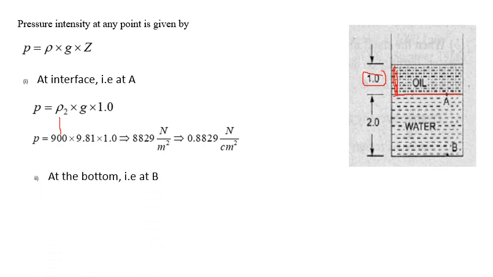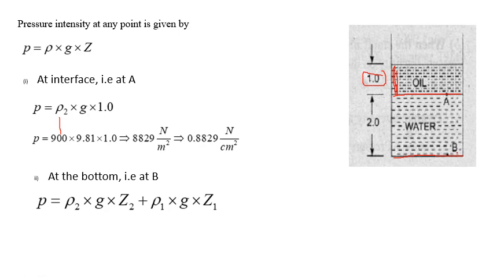So now what is the pressure at the bottom of the tank? In the second case I want to find out the pressure available at the bottom of the tank, at point B. Now the pressure intensity is given by the formula P equal to rho 2 g Z2 plus rho 1 g Z1.